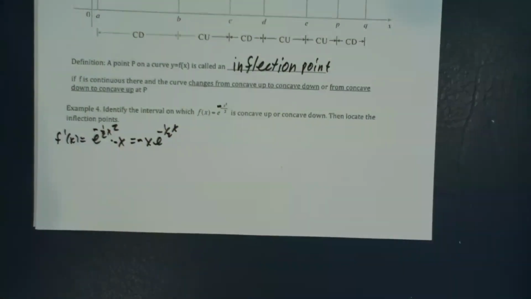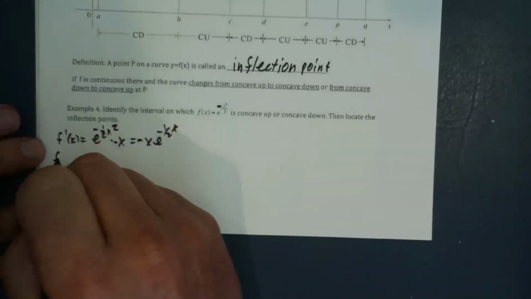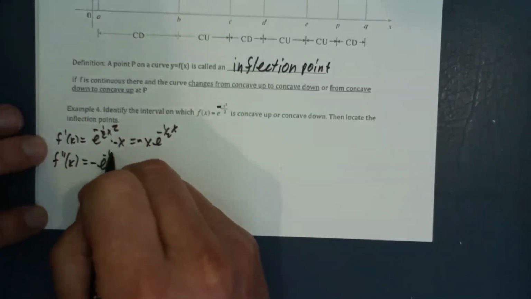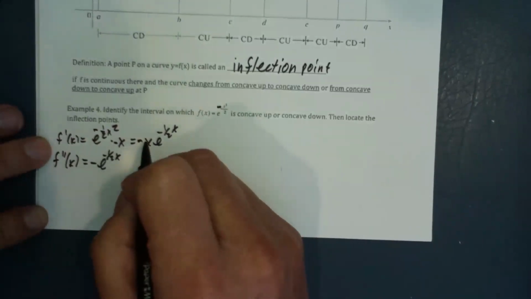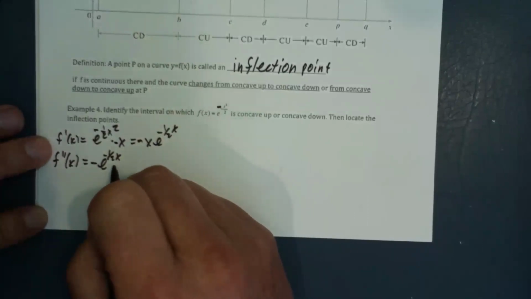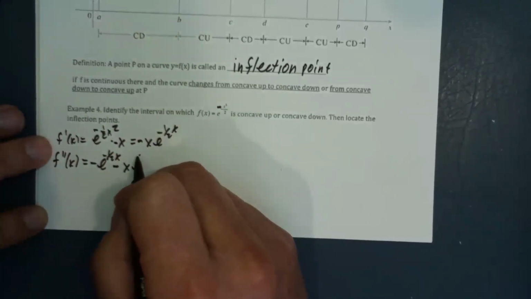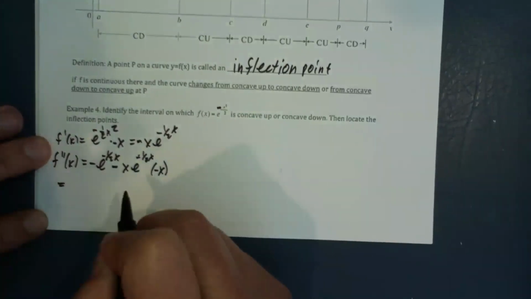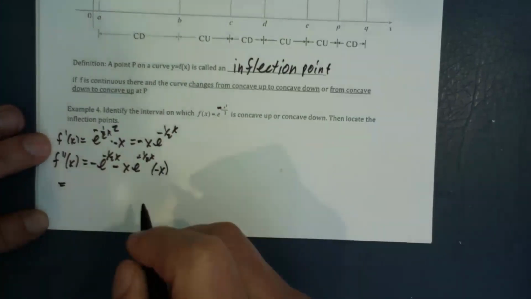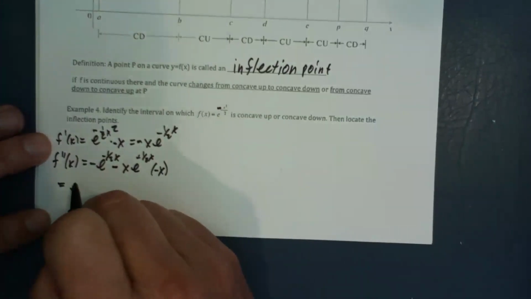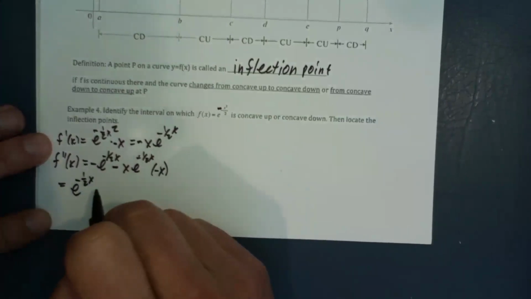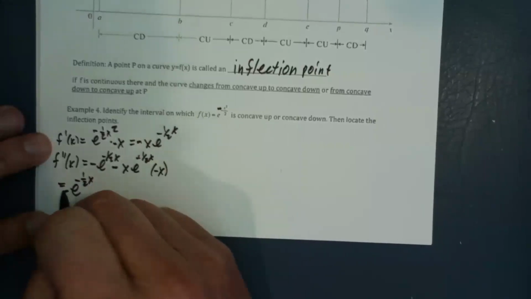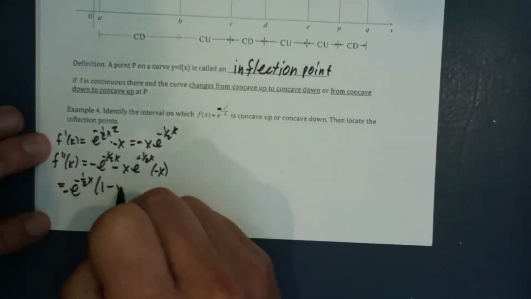And for my second derivative, I have to do the product rule. So I get negative e to the negative 1/2 x squared, minus x e to the negative 1/2 x squared times negative x again. I'm going to factor out a negative e to the negative this here. And I'm going to be left with, notice that becomes plus. So when I factor a negative one of those out, this is going to become 1 minus x squared.